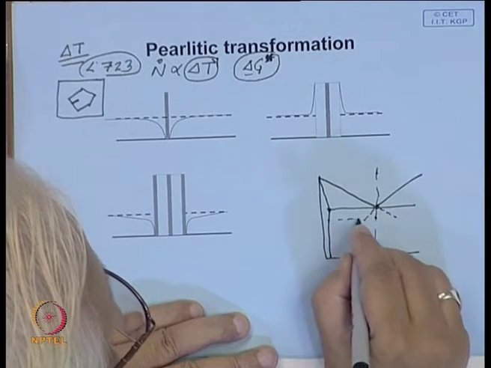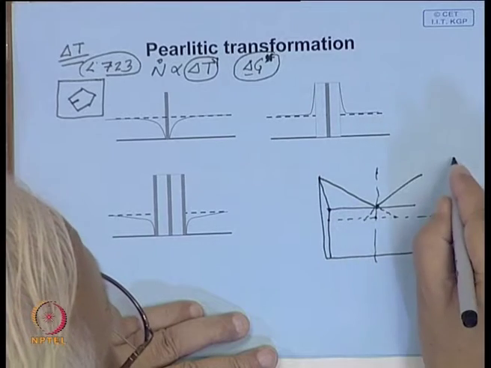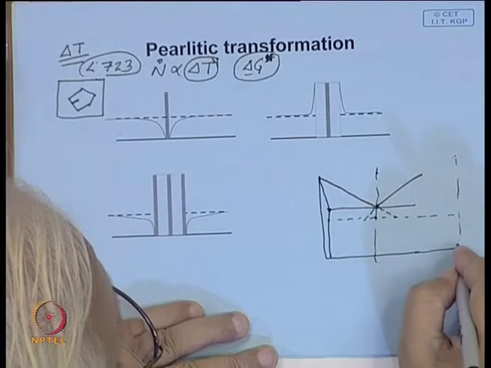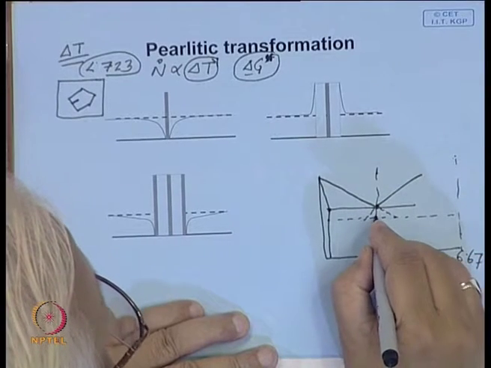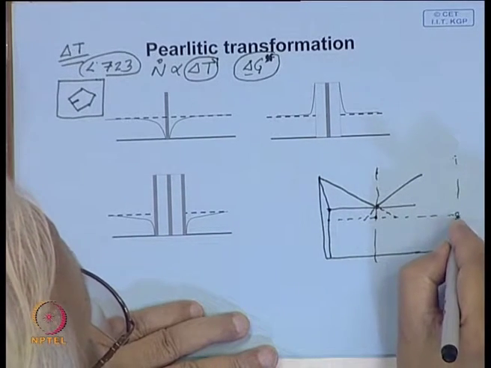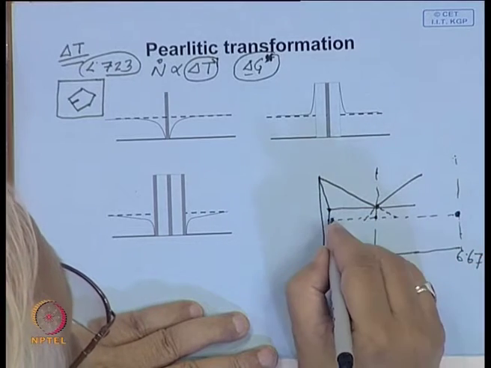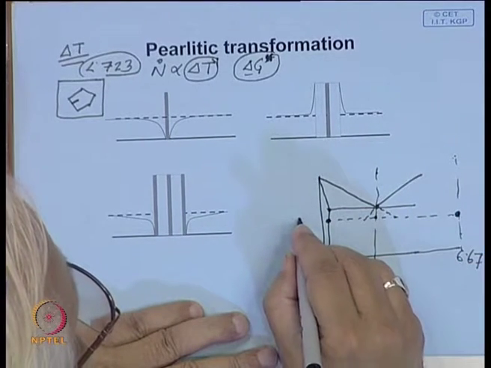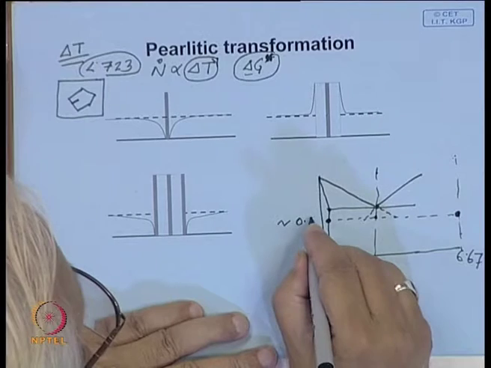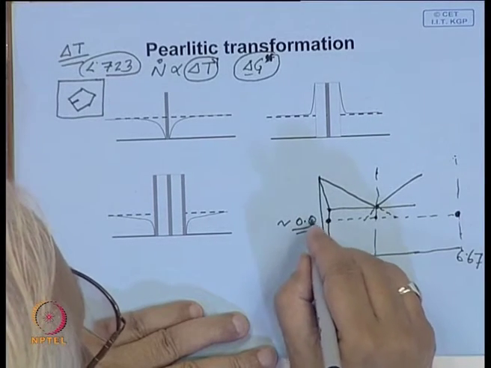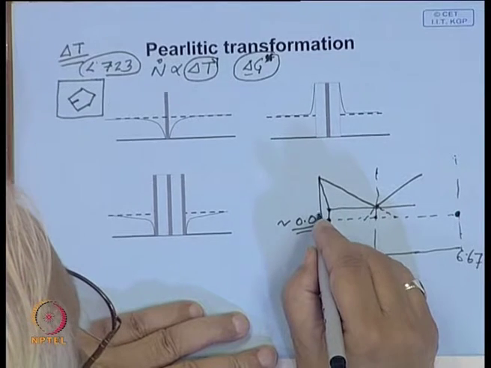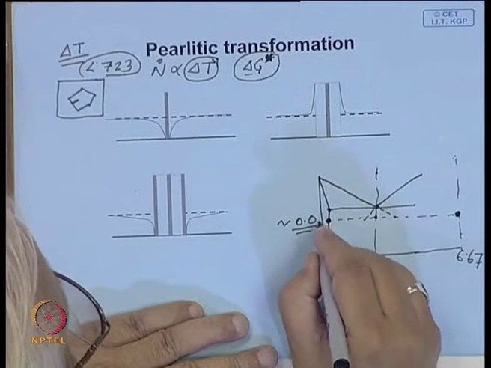So, here you will draw a line like this. So, cementite is somewhere here, 6.67. So, now the cementite concentration is 6.67, ferrite is virtually 0, let us say at this temperature it is 0.01.